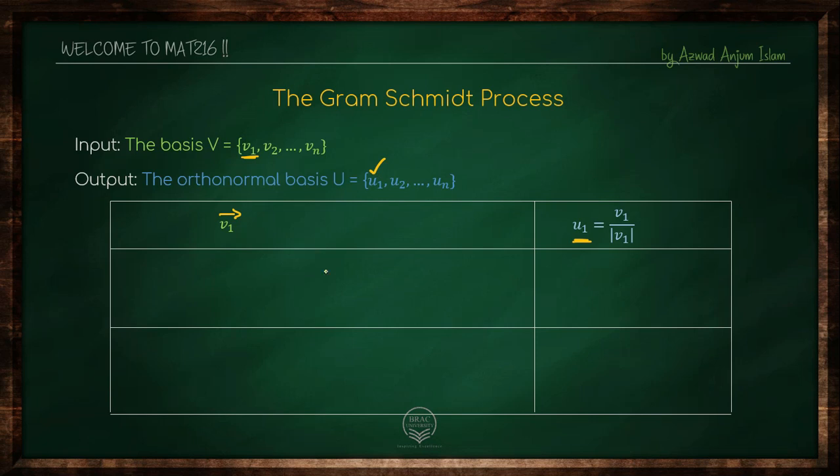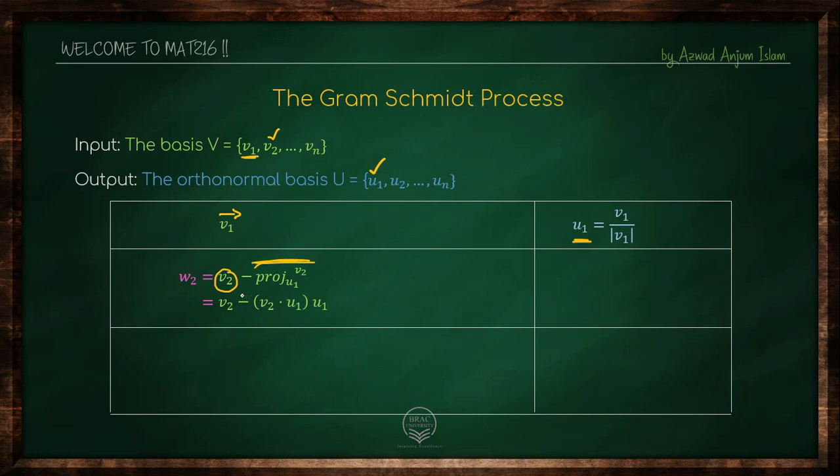So let's look at u2. For u2, we are going to take v2. Now v2 is not perpendicular with u1, right? We have already established that v2 can be not perpendicular with u1. So we are going to get rid of the part that is not perpendicular with u1, just like our last example.